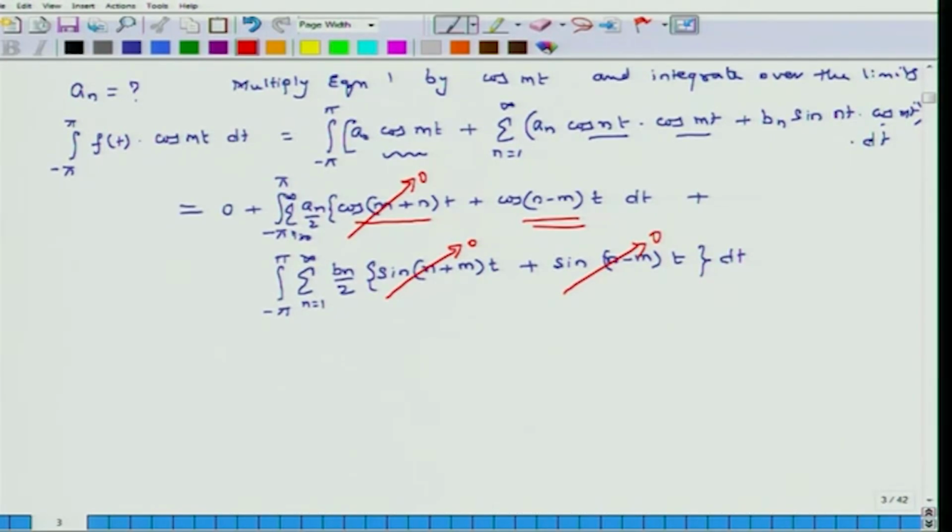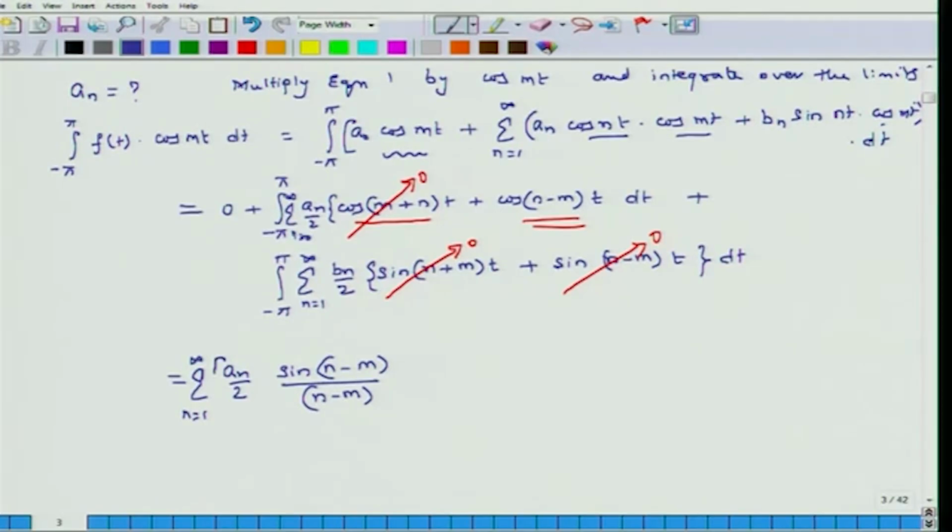So what I end up getting is an over 2, summation n equals 1 to infinity, and this is sine of (n minus m)t over n minus m.